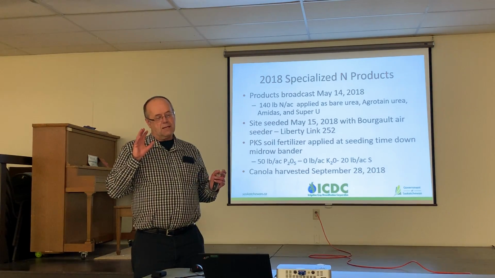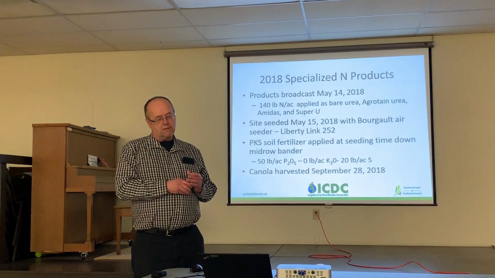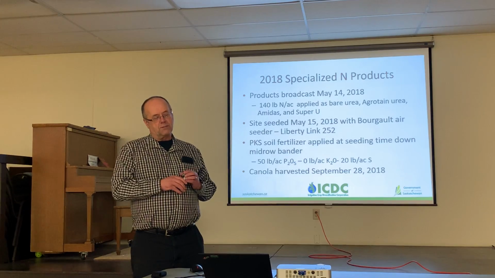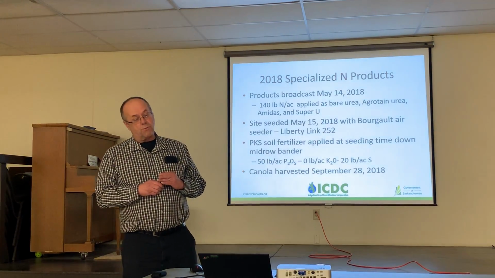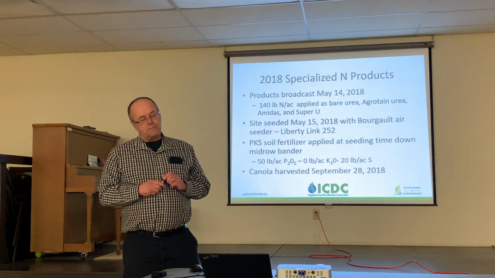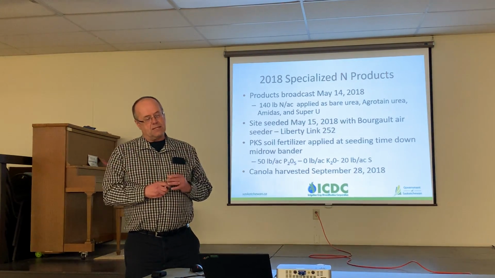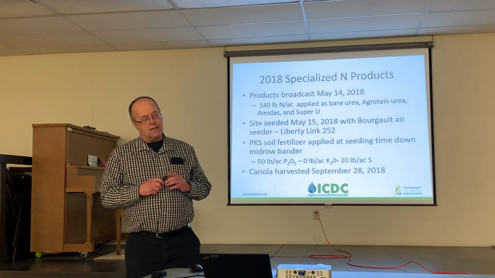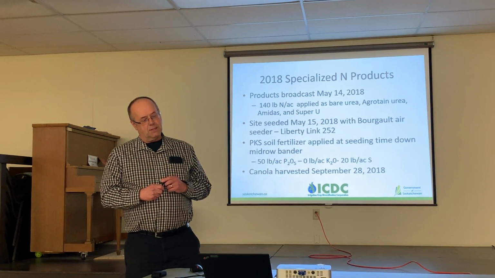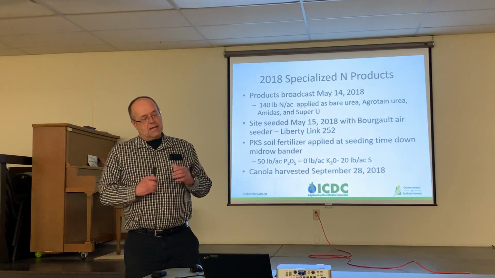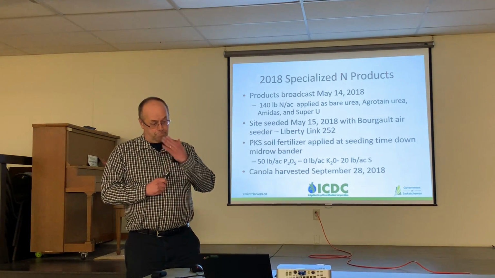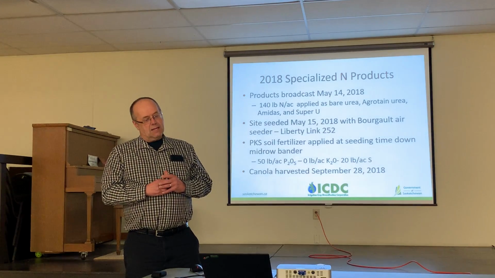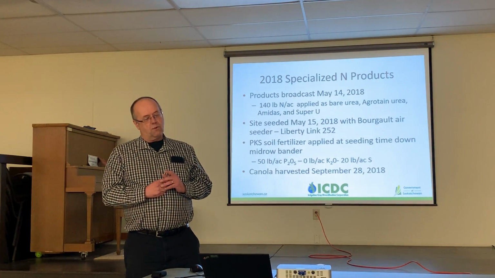The farmer then seeded with a Bourgault air seeder. I wouldn't describe it as a high disturbance seeding operation, but that would have provided some incorporation. And then he irrigated the site to try and get the canola out of the ground and put the fertilizer into the soil. The PK&S soil fertilizer was applied at seeding time, down the mid-row bander.